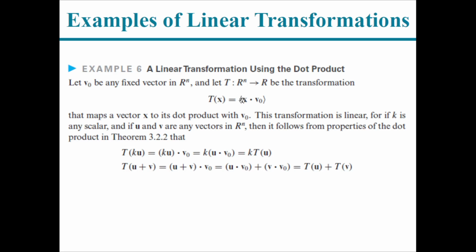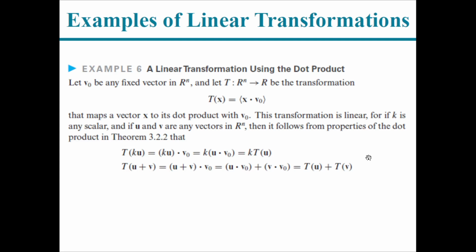Here it is Rn, but doesn't matter. So that operation, the dot product with a fixed vector v0, is a linear transformation. And here is the proof for the two conditions to be satisfied to be able to call a transformation linear. So these are the two conditions of linearity.